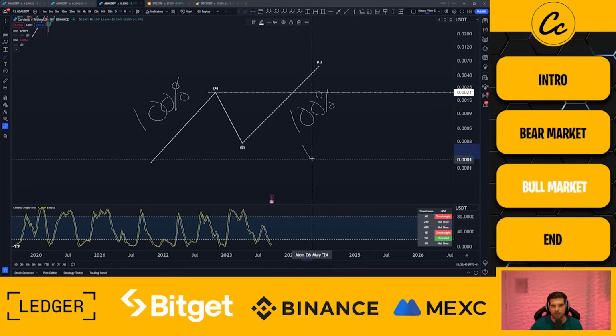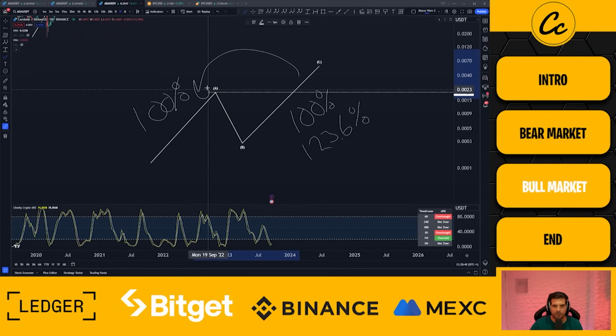And this actually goes to 123.6%. Okay, so we end up with the C wave mirroring that of the A wave pattern, and sometimes it can overextend by 23.6%. So when we know this and we know that the A wave is mapped in, we've got 100% of that move. We know the distance, 17,000% by the way.